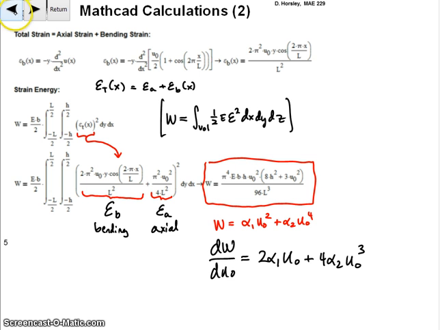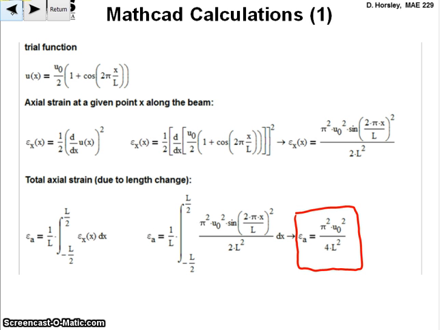We already integrated epsilon x over the length. So epsilon x is 1/2 du dx quantity squared, and we already integrated that over the length of the beam, and this is what we ended up with: pi squared u naught squared over 4L squared.